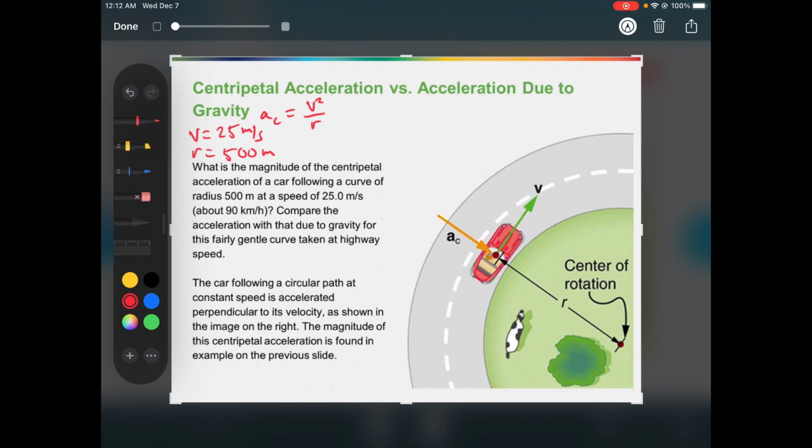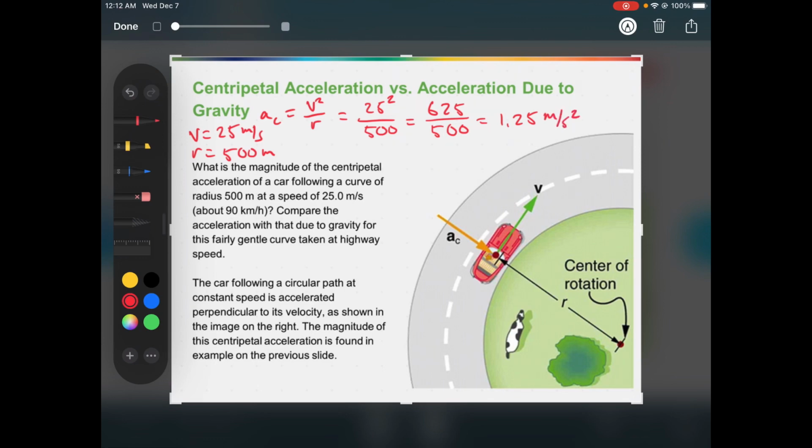Plugging those in, 25 squared over 500. 25 squared is 625 over 500, which is 1.25. And that is meters per second squared.